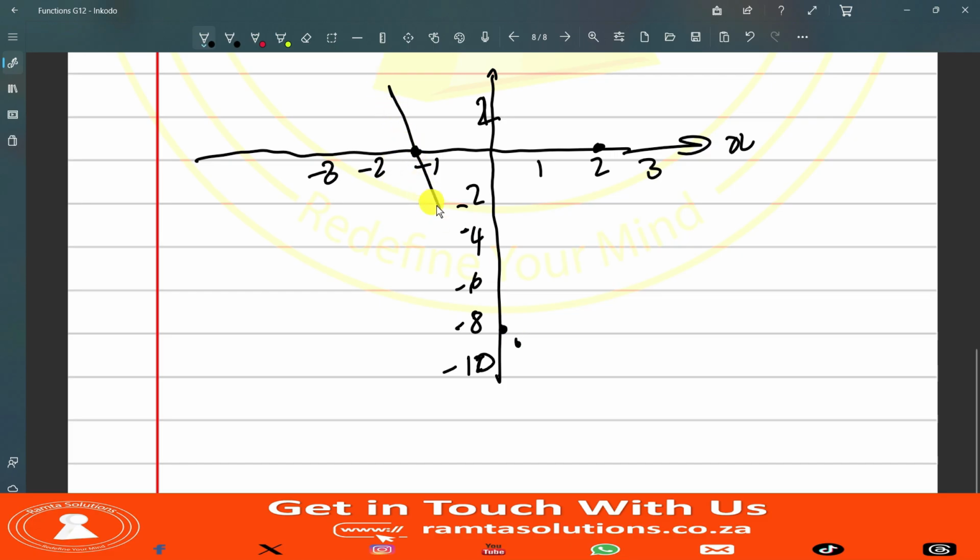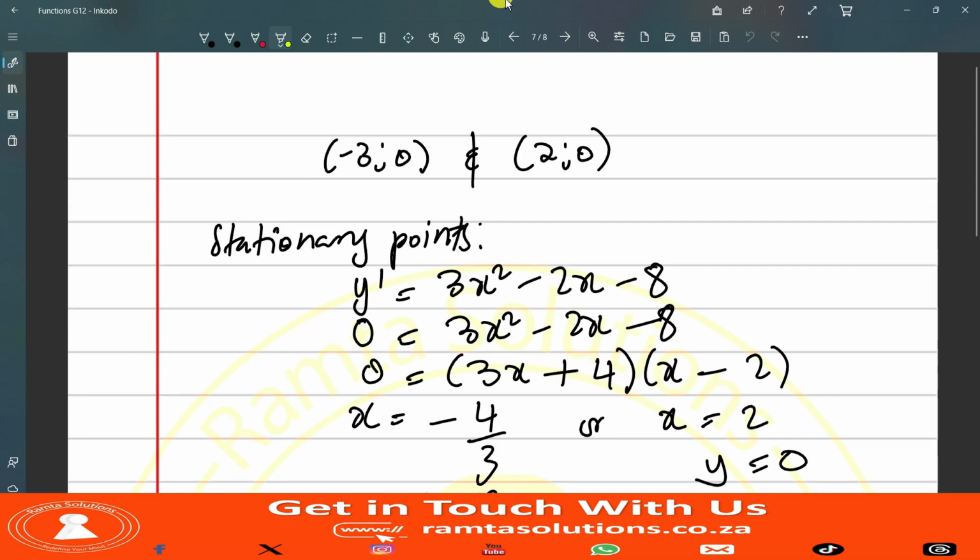So this is y prime. Did you guys see that? This is y prime, right? I need you guys to note some points. The point that I want you to note is this one here, and this one here. Okay, I want you to note them. And let me go to the previous graph that we drew.